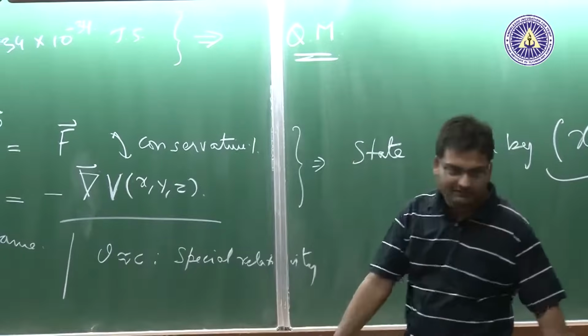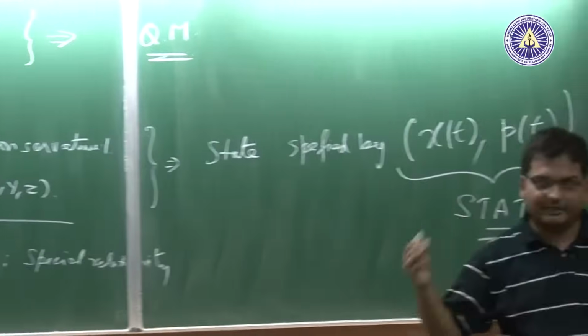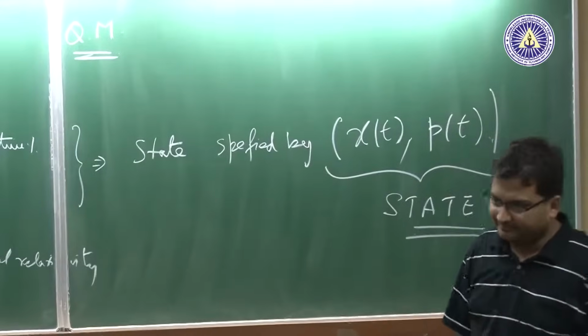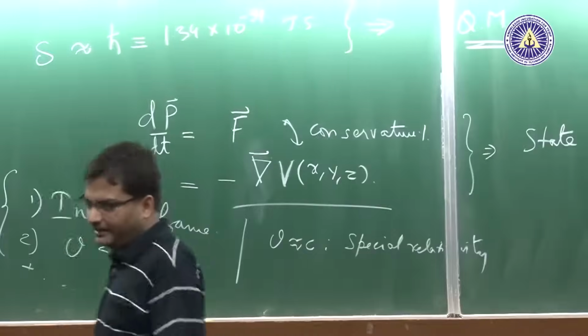And if the action is 4 or 5 orders of magnitude larger, then my system is roughly classical.